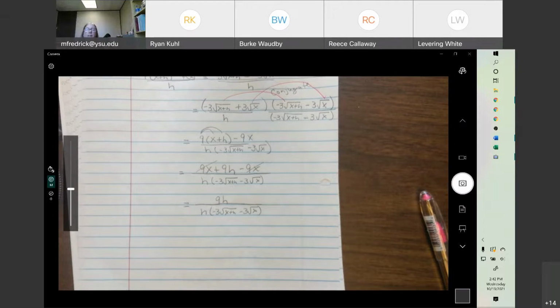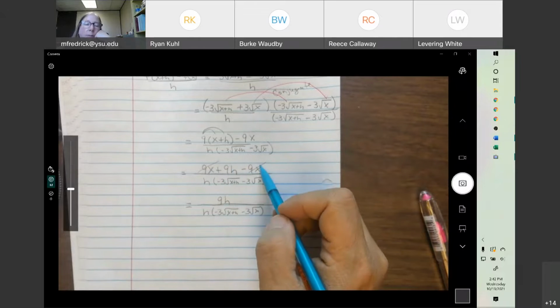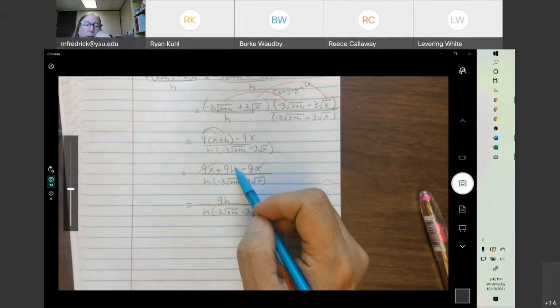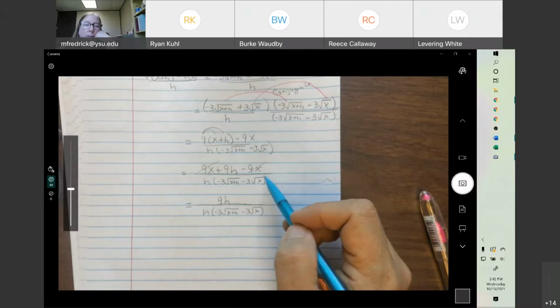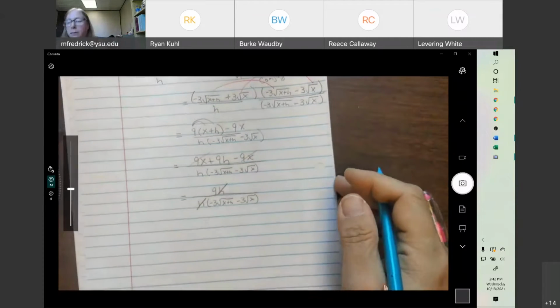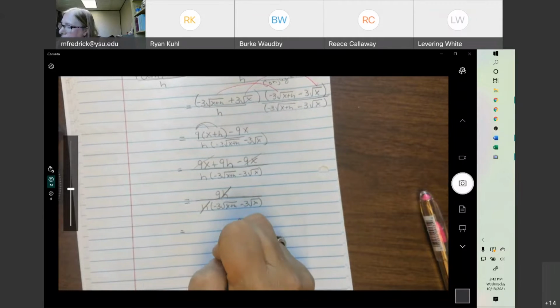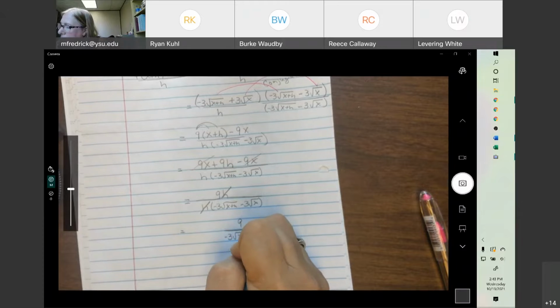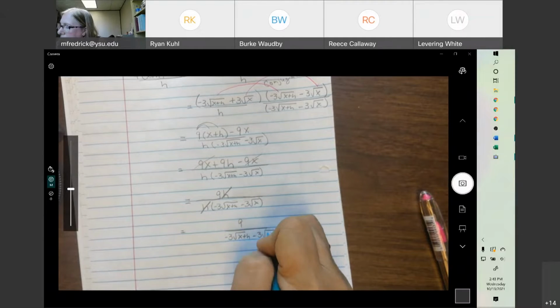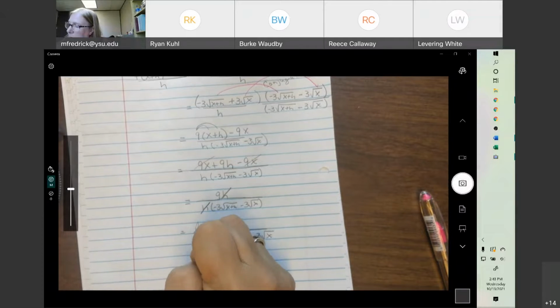We still don't want to take the limit until this original h cancels. And notice now we can cancel it. We couldn't before because there's 3 terms on top. So you can only have 1 term on top and bottom. This is 1 term. So now this h can cancel with that one. And we can now take the limit as h approaches 0.